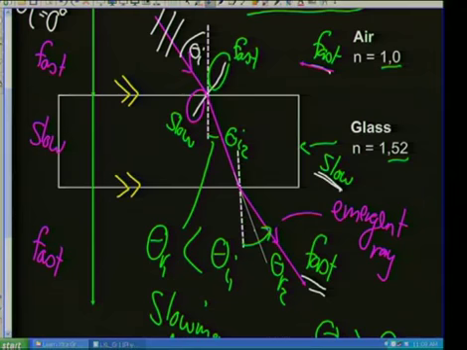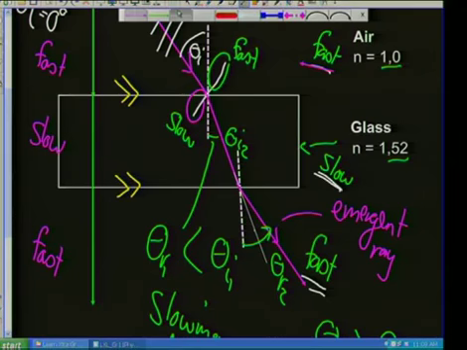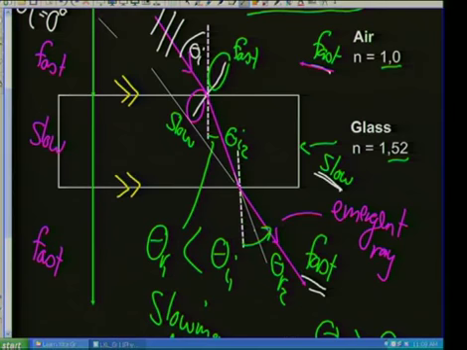If we trace back where we might think this one has come from, we might think it's come from somewhere back here, but if you notice that, it's parallel to the original one, more or less parallel to the original one. And you can do this practically and show that they just deviated a little bit, but they're parallel to where the one was coming in.